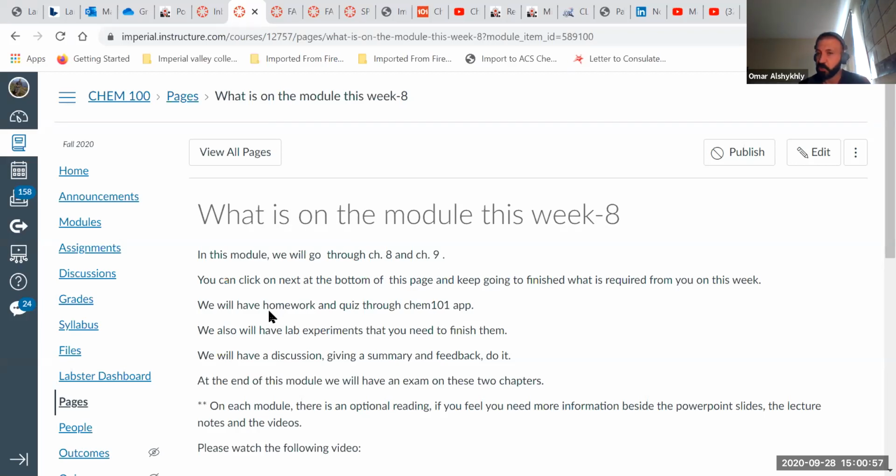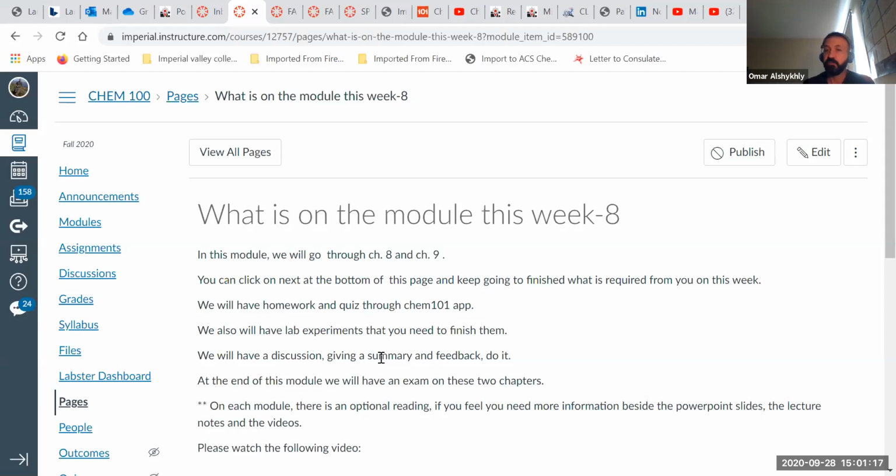We will do the same things we do each week in each module. We will have a homework and a quiz for each chapter, and of course, you will find these homework and quizzes in the Chem 101 app. We will also have some lab experiments that we need to do.